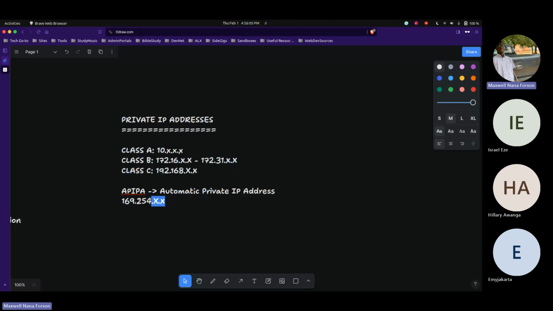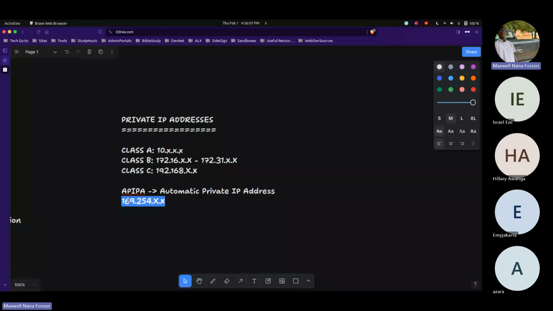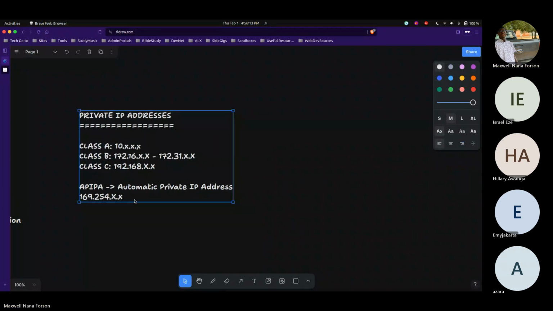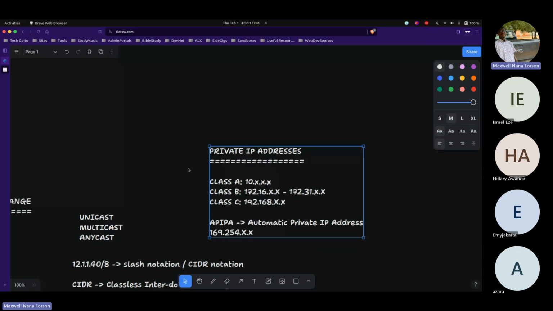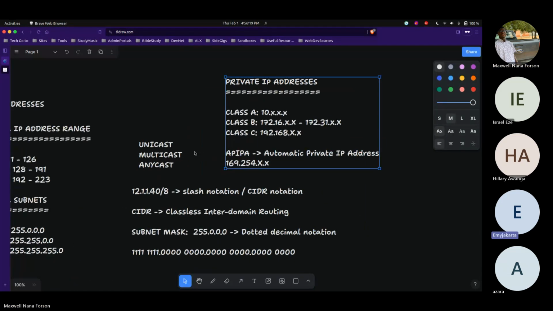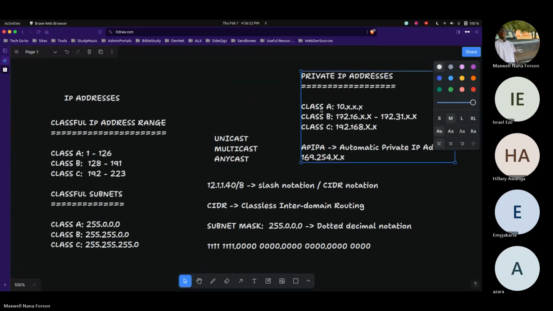But this one over here, it cannot go outside of its network. It can't go anywhere. Most of the things I'm just saying here are things that you can go back and read up on. I'm just trying to bring them up as we go.